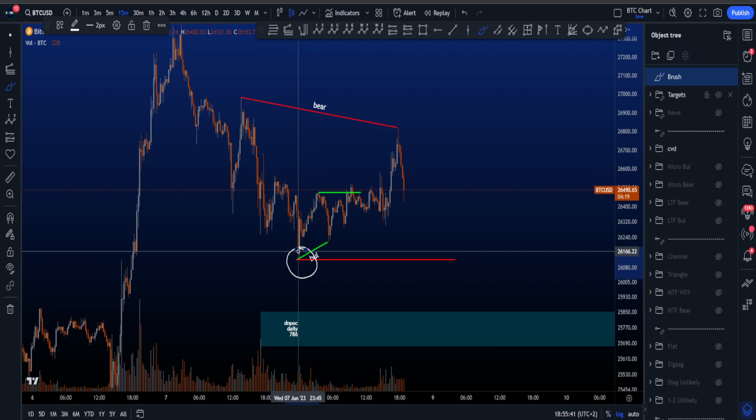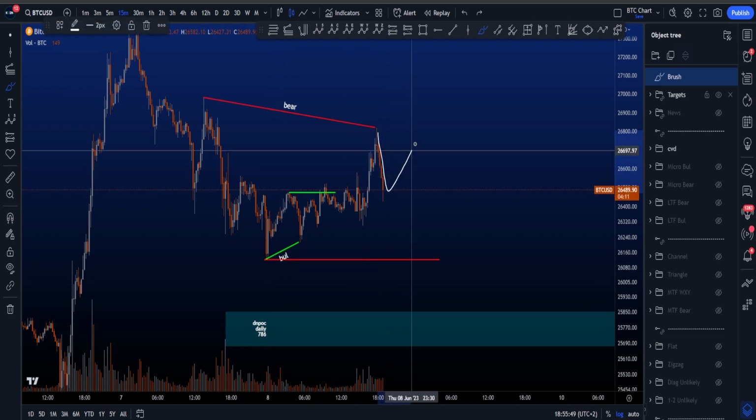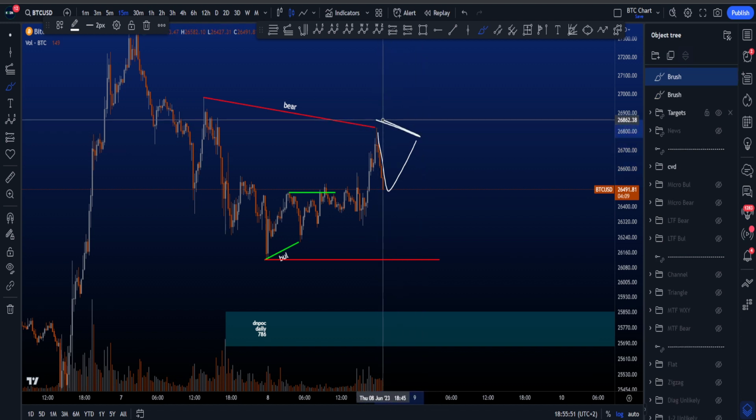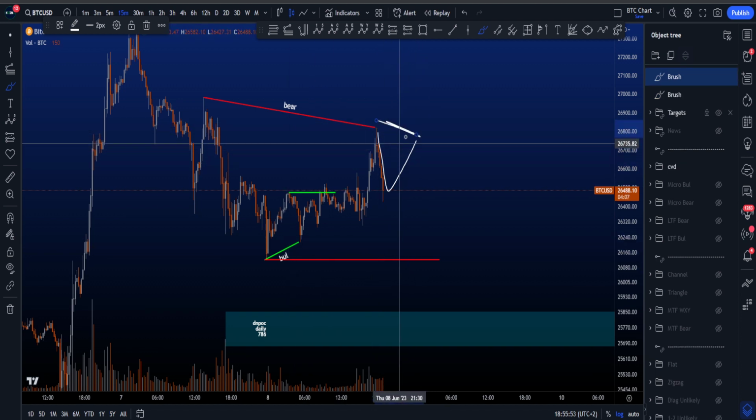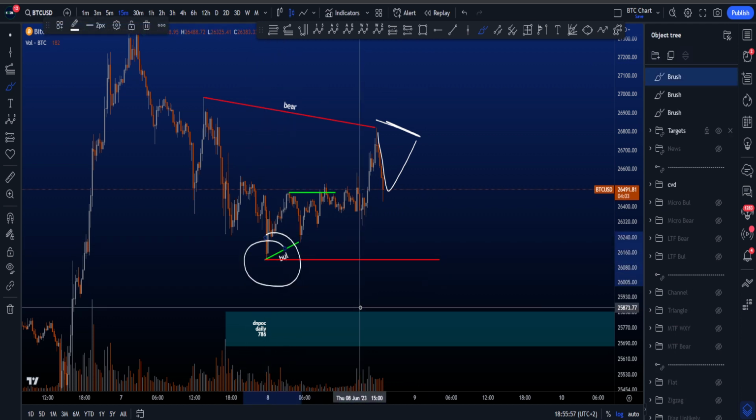Now, preferably, I like to see CVD divergences after the most recent high or low, meaning I prefer to see something like this and then bearish divergences, as then this structure over here is made after the most recent low.